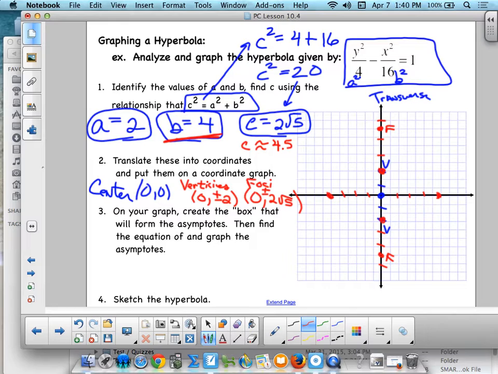Okay, ready? Number 3 says on your graph, create the box that will form the asymptotes. Well, the box is formed by going from the center, up a, down a, right b, left b, and that forms the box. Here comes the box, right here.